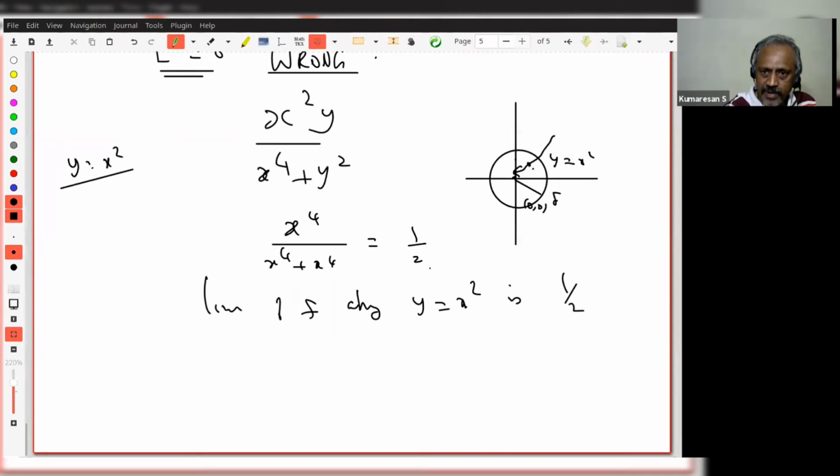Whereas if I take a point here, that is also within the delta distance from 0, the value here is 0. You follow that? Therefore, if I take my epsilon equal to 1 by 4, whatever delta you give me, f(x, y), if x and y lie on this parabola, will take the value half, and that cannot happen.